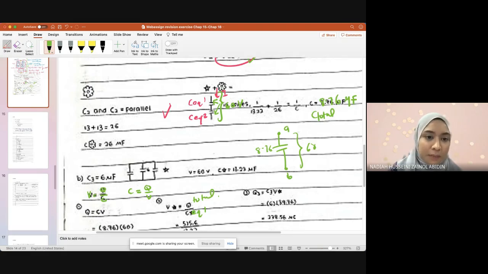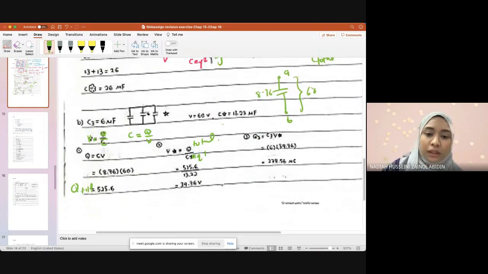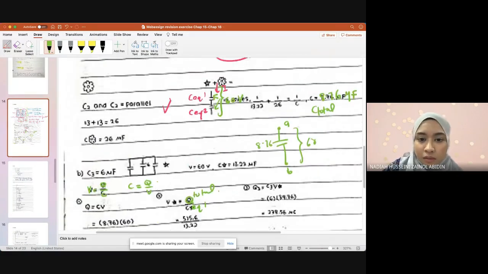They will have the same I, or they will have the same Q, right? So here the Q is the same because they are in series. So what Azmina did is use the same Q, which is Q total, divided by C equivalent 1 to find out what is the V for the top part of the circuit, this portion of the circuit.